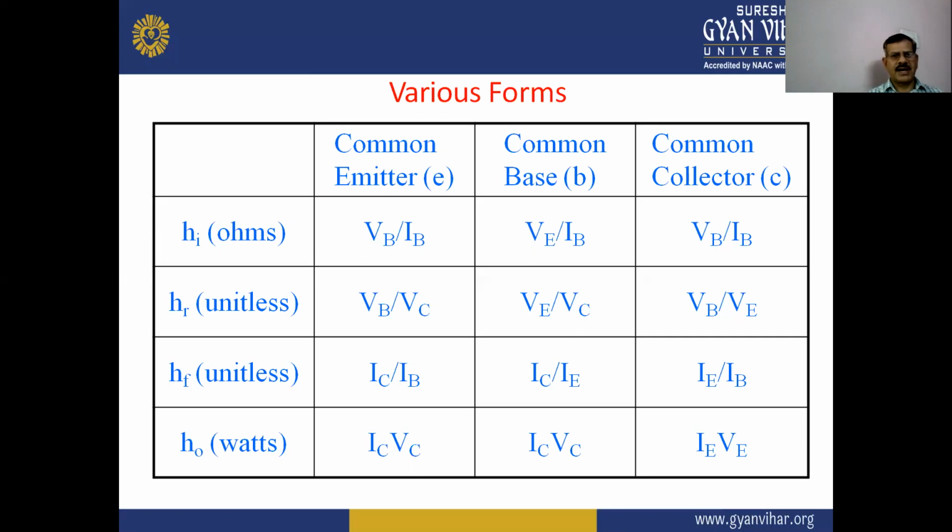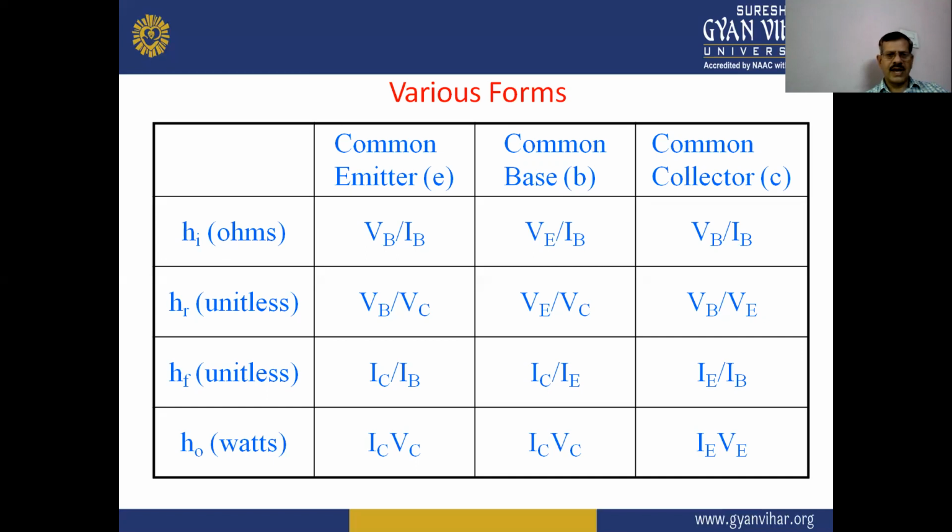Next parameter hr, that is unitless. So hr equal to Vb upon Vc. This is the voltage gain for the common emitter, and this will be equal to Ve upon Vc in the common base configuration, and hr also equal to Vb upon Ve for the common collector configuration.